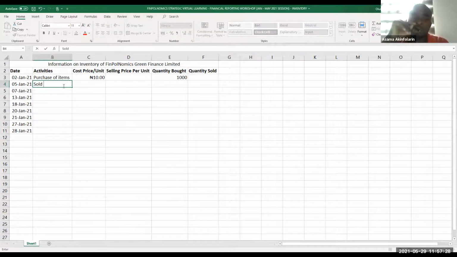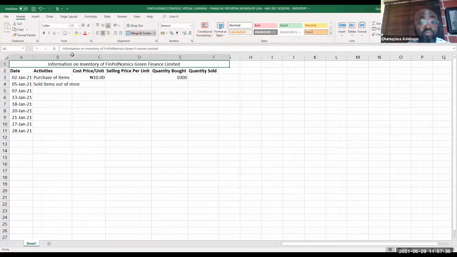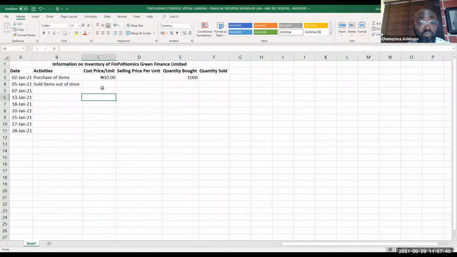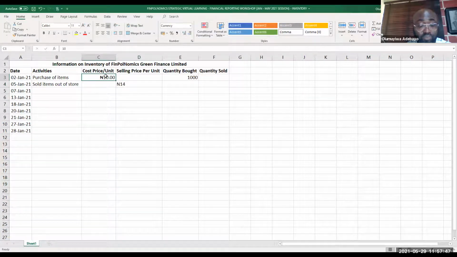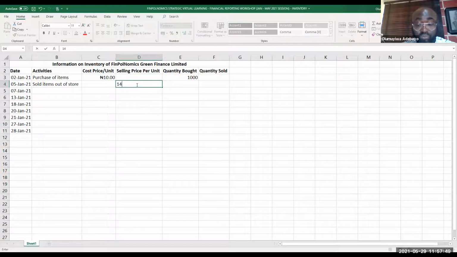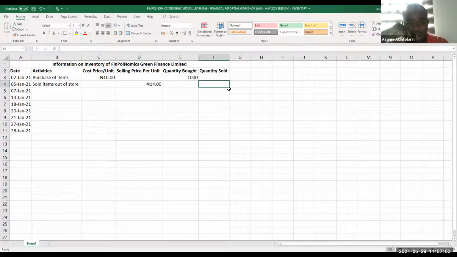Sold items out of store. We sold them at 14 naira, 600 out.